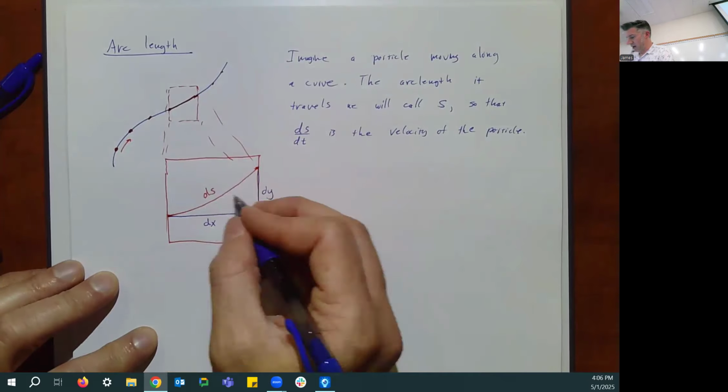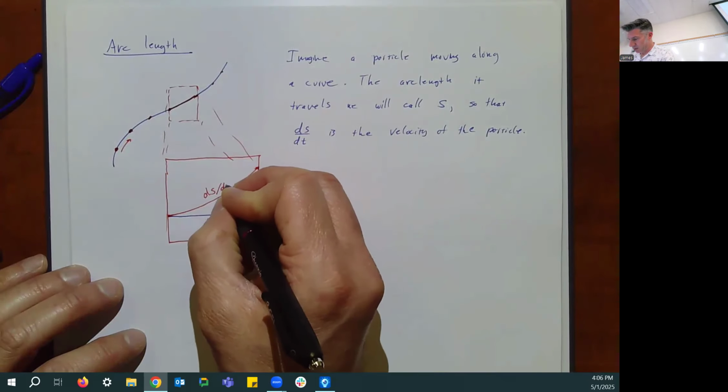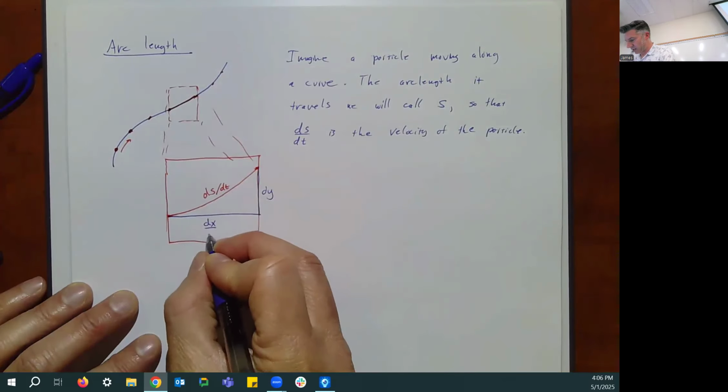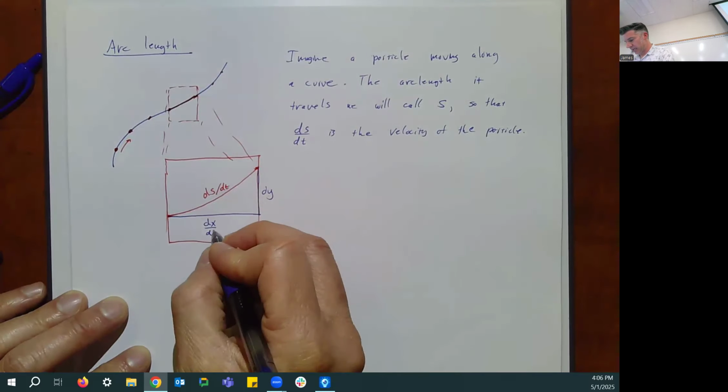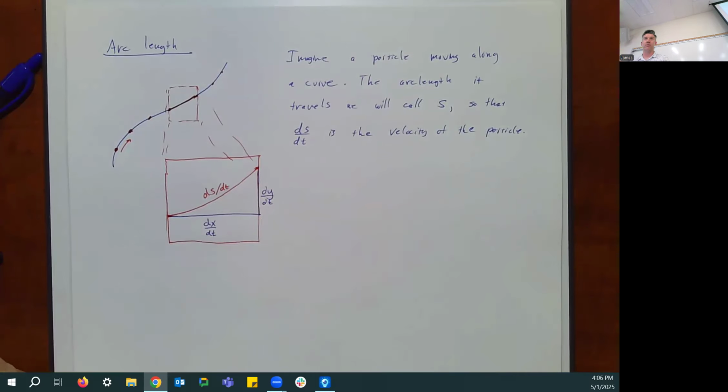So we could either say that, or we could say that ds/dt is the particle's velocity in the s direction. dx/dt is the velocity in the x direction, and dy/dt is the velocity in the y direction.